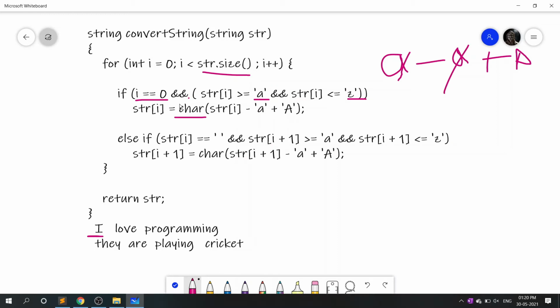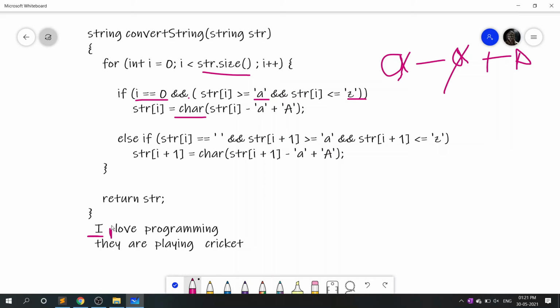Now I am standing over here. This is a blank space. So I am checking if str of i is equal to double quotes with just a space in between, which says that it contains a blank space. Yes, it contains a blank space. Then I need to check the letter just in front of that blank space. Is it between small a and small z?